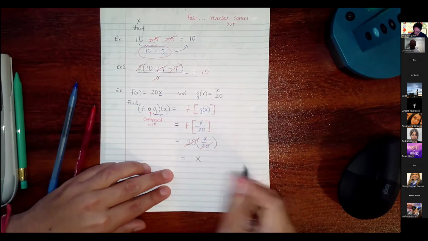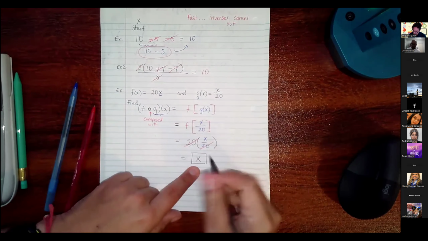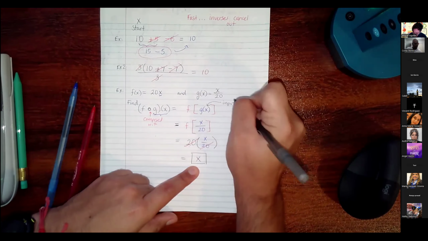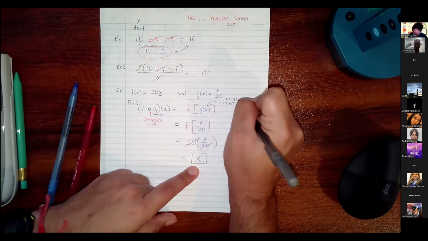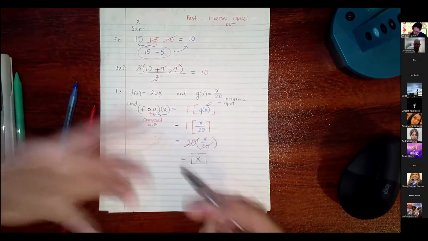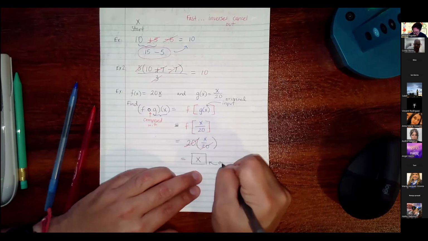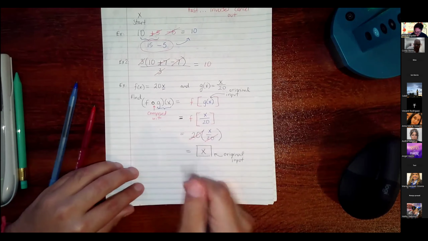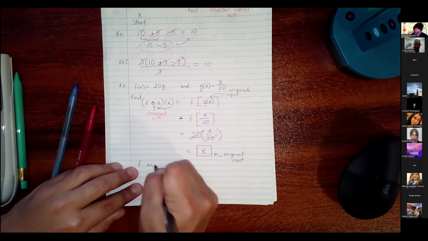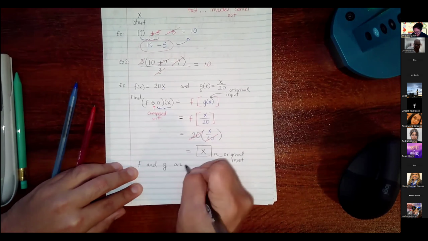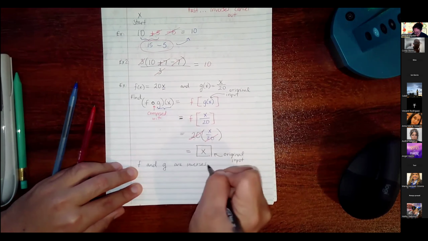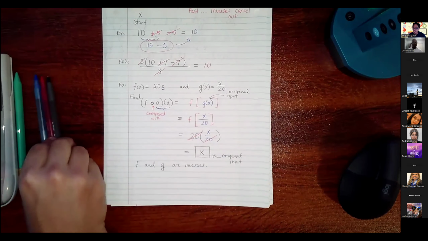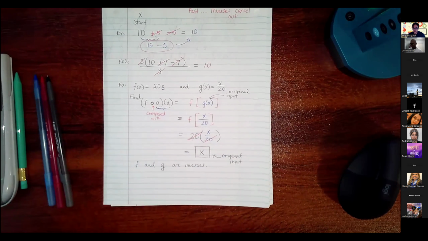If this x was my original input, and these functions just canceled out and I'm stuck with my original input, then it means that the functions f and g are inverses of each other, because they canceled out completely, and all I was left with was x.